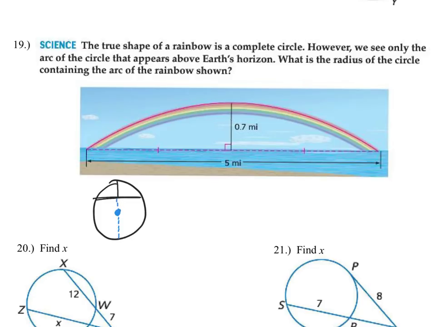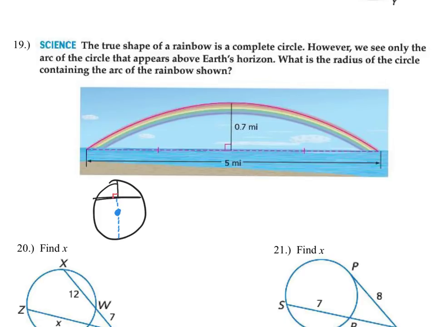So let's label first of all what we know. This entire chord is 5 miles. We have a radius that's perpendicular to a chord. So remember, if a radius or a diameter is perpendicular to a chord, it bisects the chord.